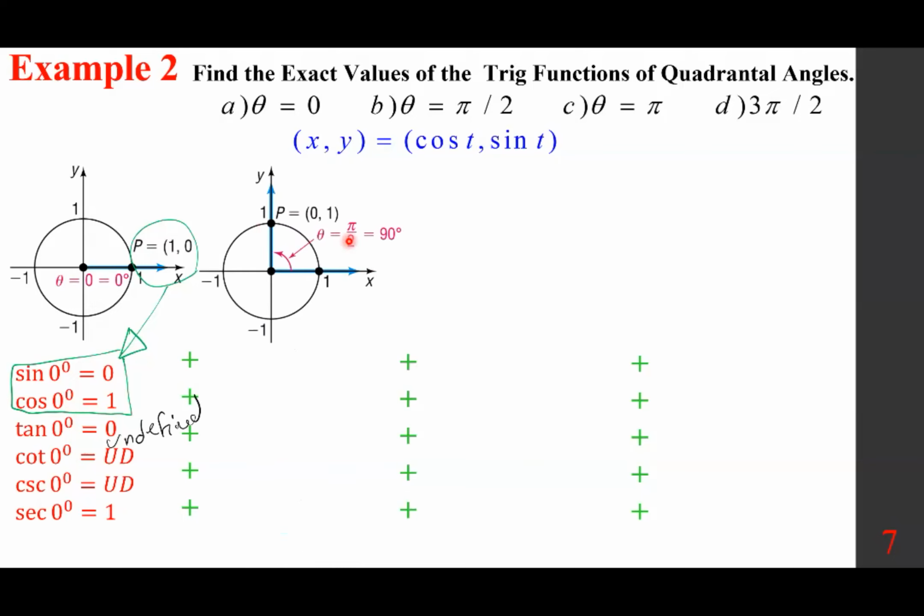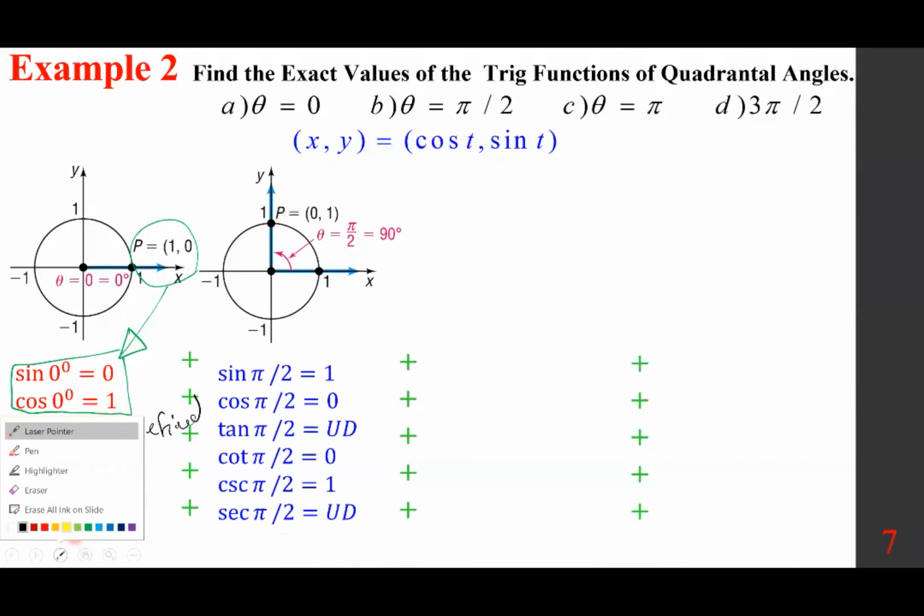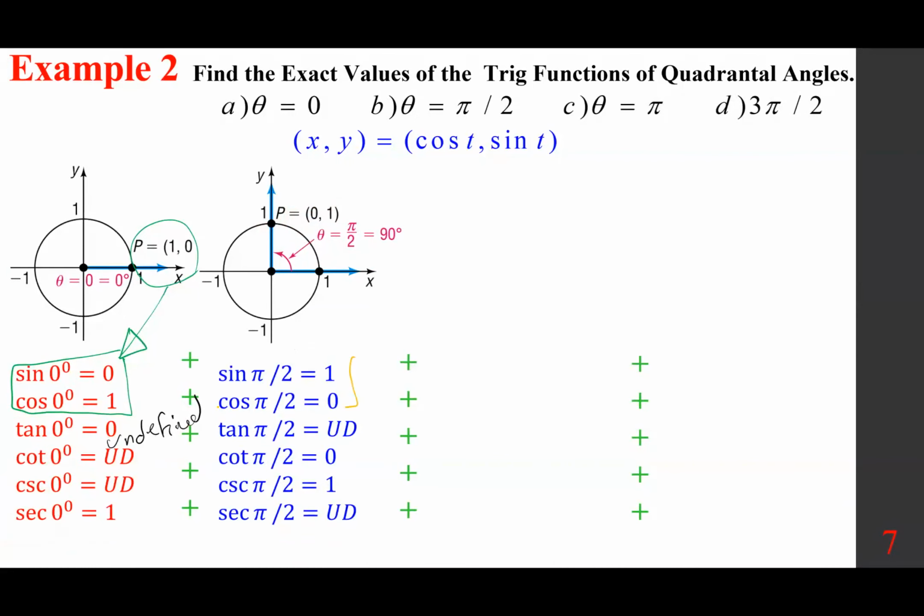90-degree angle or pi over 2. Coordinates here are 0, 1. So that means cosine must be 0, sine must be 1. And again, I want you to concentrate on those two. Sine of pi over 2 is 1. Cosine of pi over 2 is 0. Those are common arcs. We should know them.